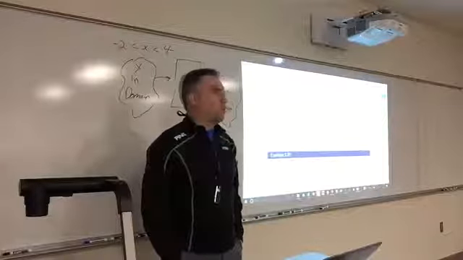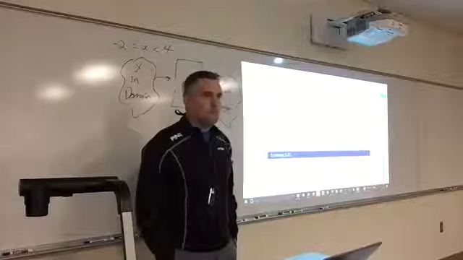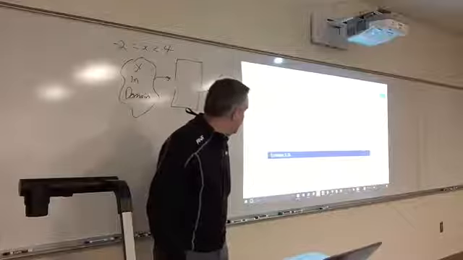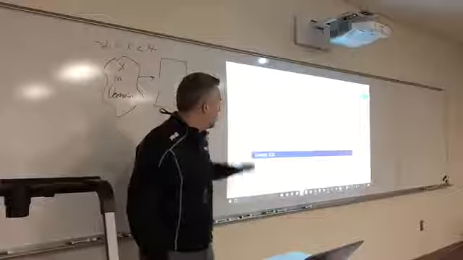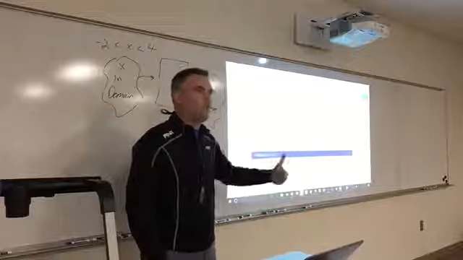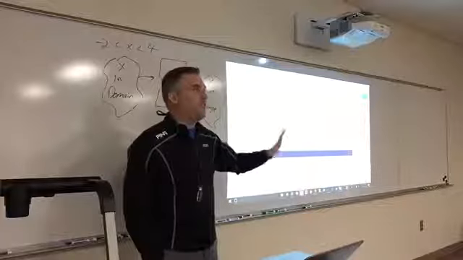Can anybody come up with one value that doesn't work? -5 does not work. Do you guys agree? If I put in -5, I would have 2 times the square root of -5 plus 4, which is -1. I'd have 2 times the square root of -1, which is 2i, which isn't going to graph on our real numbers. So -5 does not work.